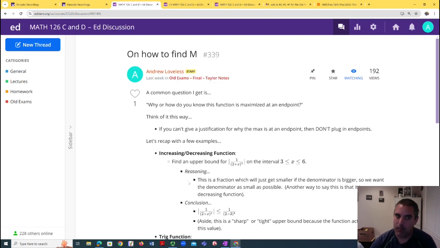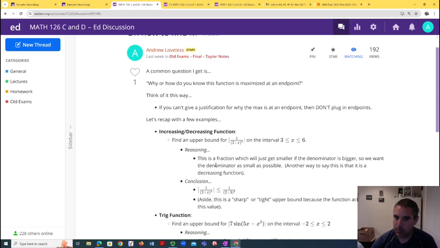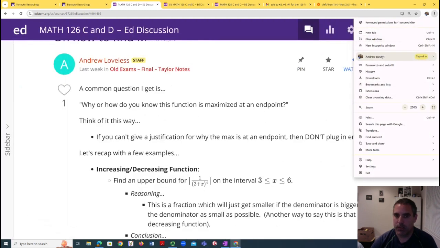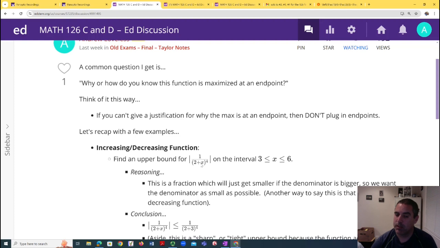So let's recap the situations we've seen. We've seen a lot of examples. In fact, most of the homework was an increasing or decreasing function, which meant the maximum was at an endpoint. One example from homework said find an upper bound for some derivative, and you had to realize that its maximum is when the denominator is smallest.